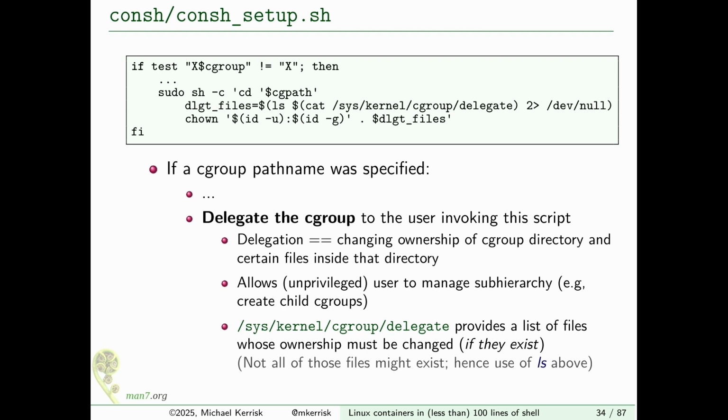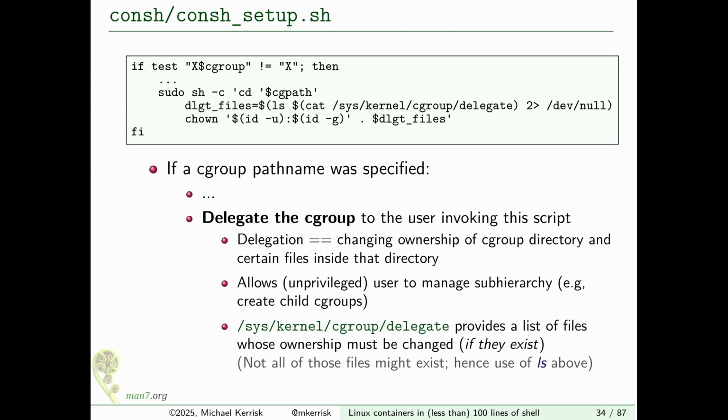So what I'm doing here is saying sudo sh -c, here's my shell command, where I say step into that cgroup and then work out which files need to be delegated. What I do is I list the contents of this file to see which files are actually present in the directory. Some of them won't be, they'll generate errors, but I'm going to throw the errors away.